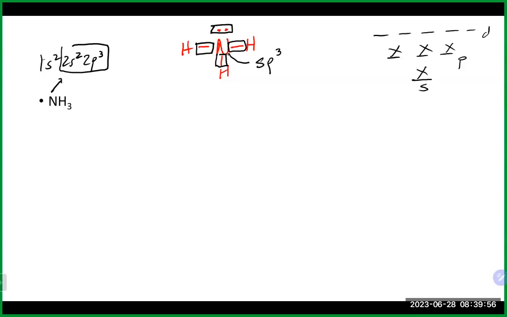So we have our 2s and our 2p, with the electrons drawn like that. From our Lewis structure, we can predict that the hybridization for the nitrogen should be sp3.